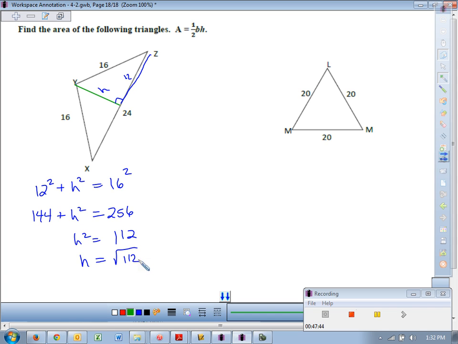What's below that? 36? Does 36 go into 112 evenly? And how about 25? I know that 25 doesn't go in there. That doesn't end with a 5. Does 16 go in there evenly? How many times? So 16 and a 7, correct? And my height is really what then? 4 square roots of 7.